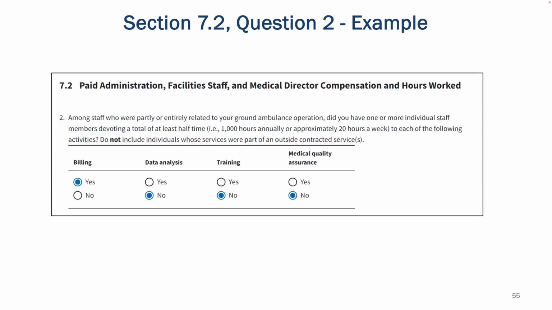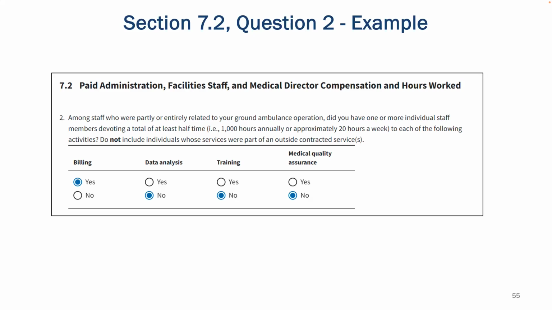This question asks about specific duties related to ground ambulance operations that may be performed by any staff member. In this example, the organization has staff members performing all of these duties. However, with the exception of billing, none perform them more than 20 hours a week. For example, the billing administrative staff occasionally do data analysis, but not more than 20 hours per week.